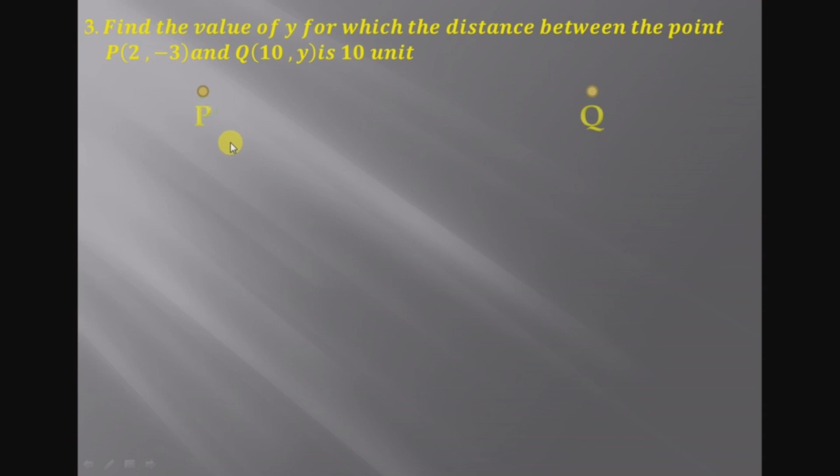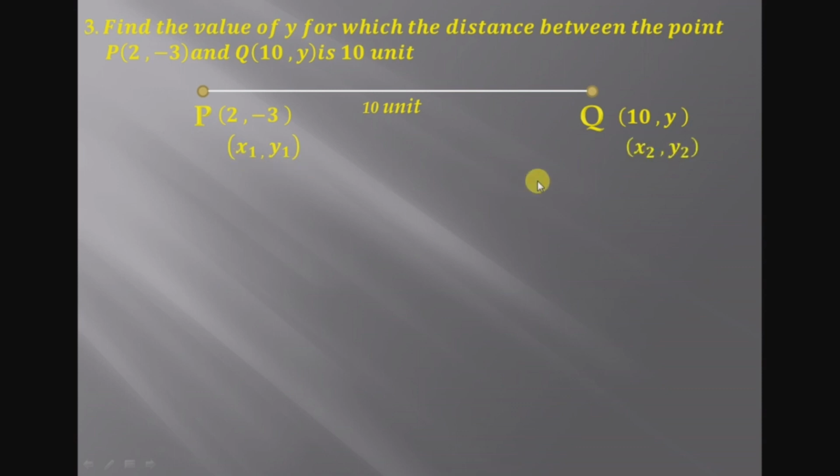Let us consider the points P and Q, where the coordinates of P are (2, -3) and Q is (10, y). The distance between P and Q is 10 units. It's all given. For our simplicity, we assume the coordinates of P are (x1, y1) and the coordinates of Q are (x2, y2).